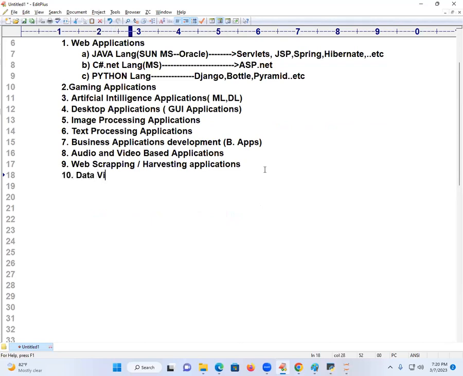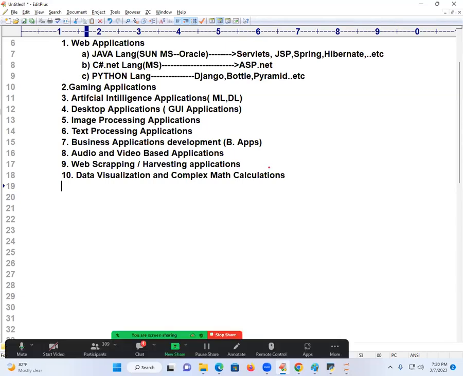Next, tenth, I am going to write: data visualization and complex mathematical calculations. It's a great topic. Take a school. The school gives an annual progress report.